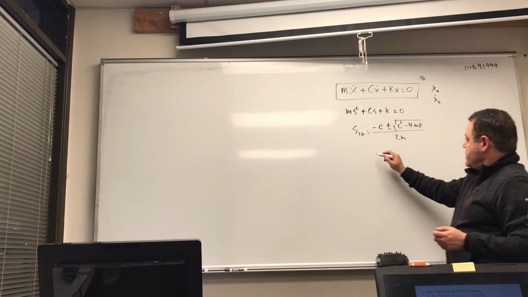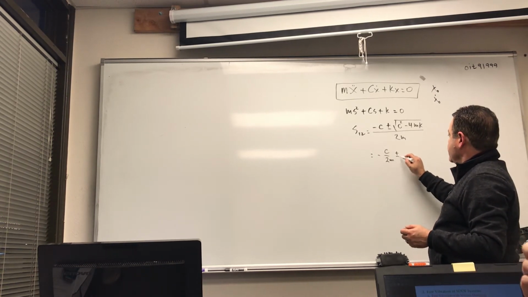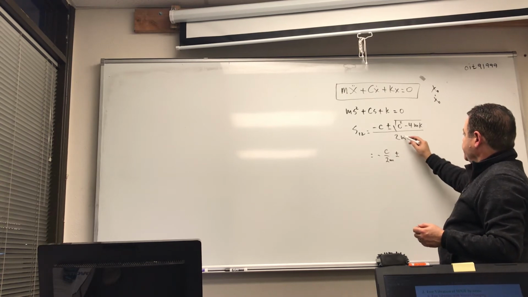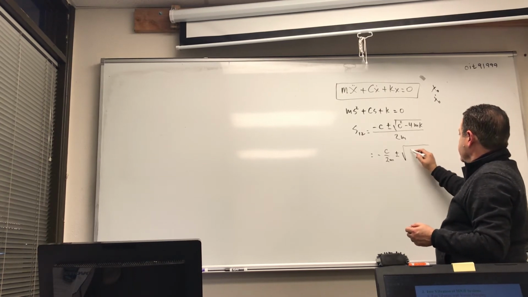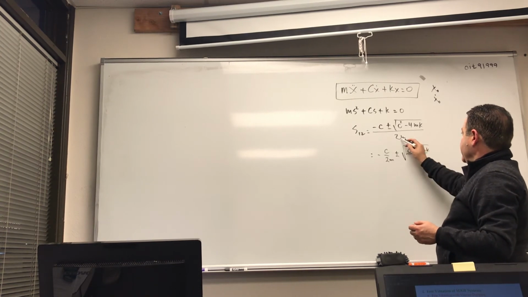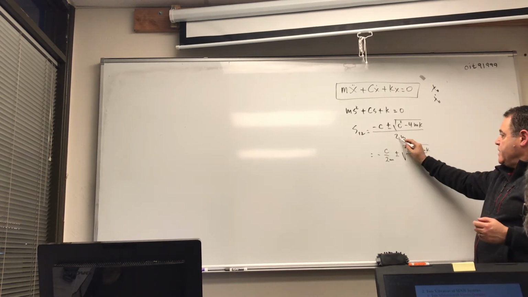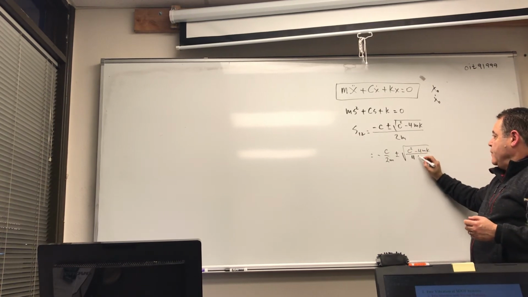So this becomes essentially minus c over 2m plus or minus the square root of c squared minus 4mk, and I can include this 2m inside the radical. If I push it inside the radical, what does it become? 4m squared, right?